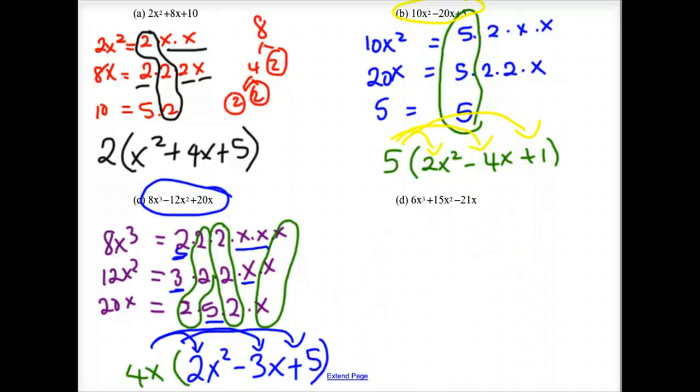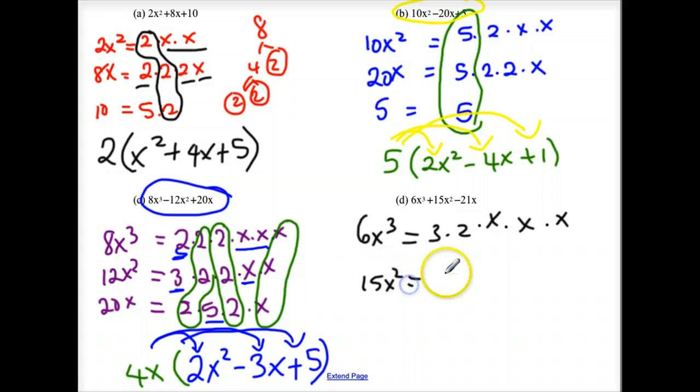There we go. Now, let's take every term. 6x to the third, which we know is 3 times 2 times x times x times x. 15x squared, we know is 5 times 3, which is 15, times x times x, and 21x is 7 times 3 times x.